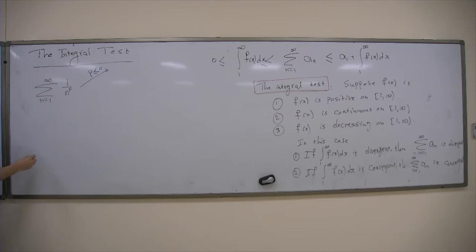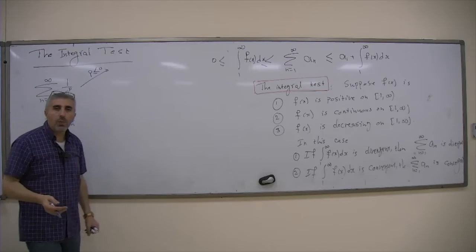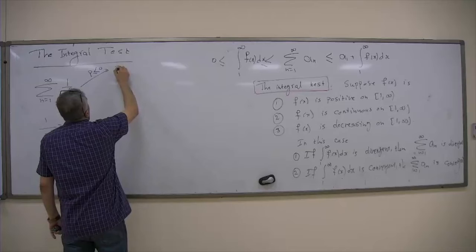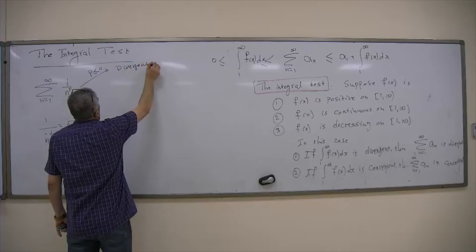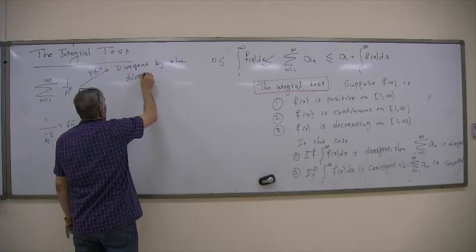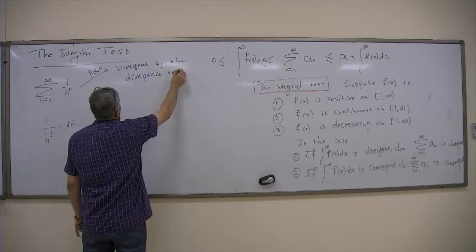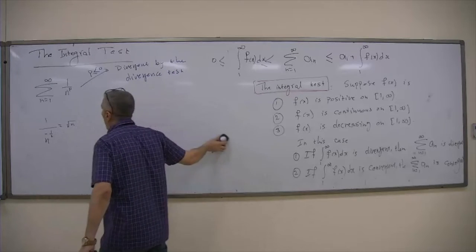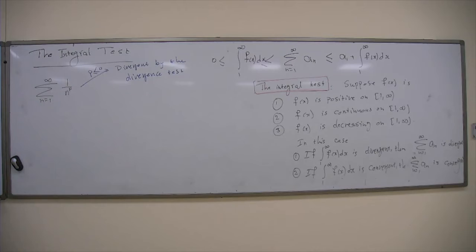You can think about this. For example, negative 1/2. So here 1 over n exponent negative 1/2 is going to be the square root of n. Am I correct? So what is the summation of square root of n? You can see right away that this sum is divergent using the divergence test. So this is divergent by the divergence test. Taking this case will help us to focus on the other values of p.